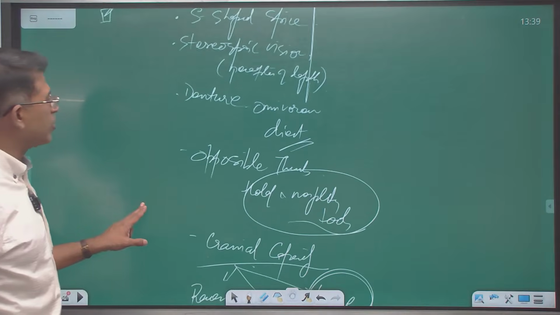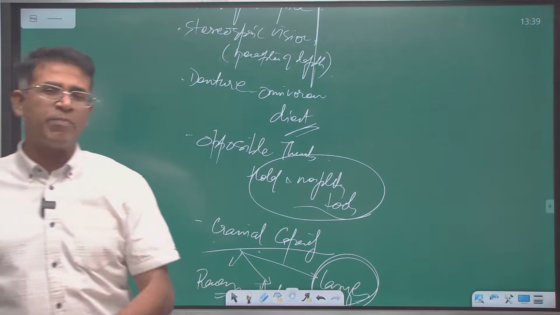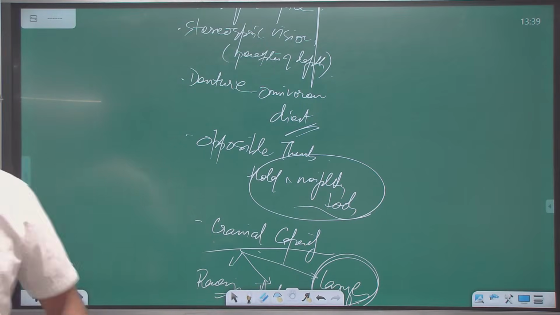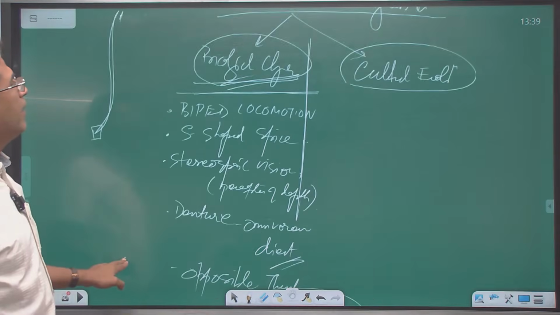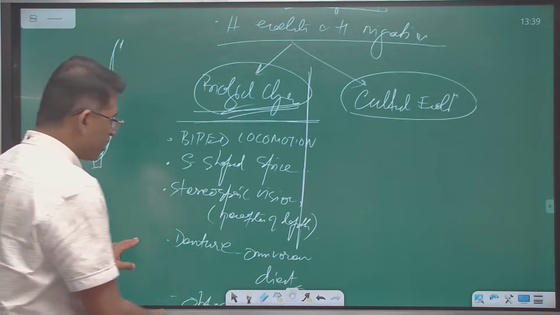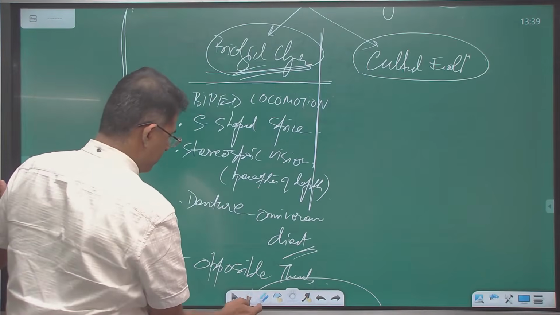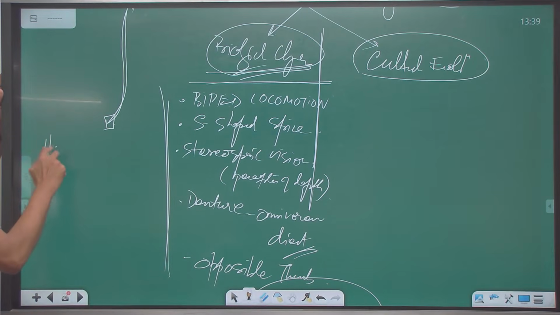And this is continuous. It's happening right through Ramapithecus, Australopithecus, Homo habilis, Ergaster, Neanderthal man, in all of them. It's going on. These are the features of the hominins, not just Homo sapiens.